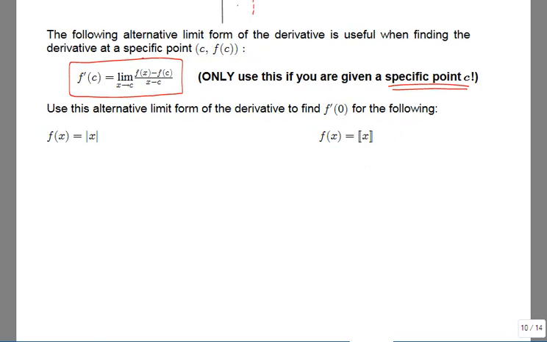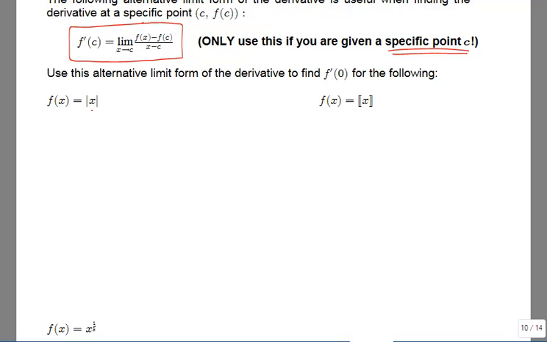Okay, we're going to start with the absolute value function, absolute value of x. And for all of these examples, I'm going to ask you to find the derivative at 0. So we're finding the derivative at a specific point. Here our c is going to be 0. So here's how this alternative limit definition works.